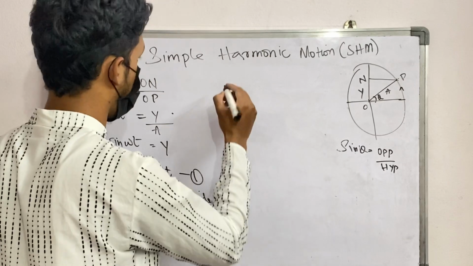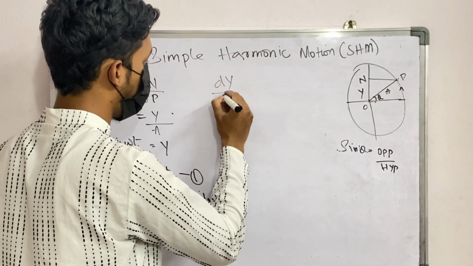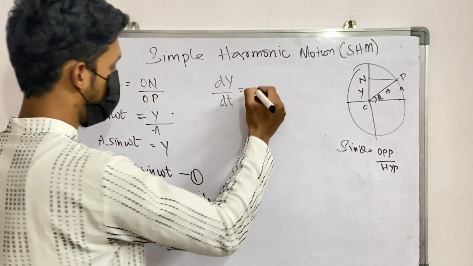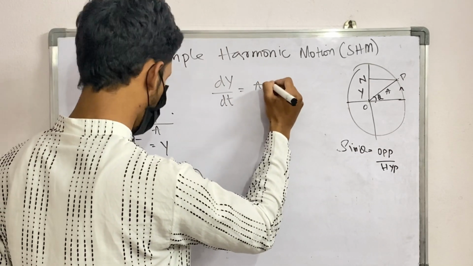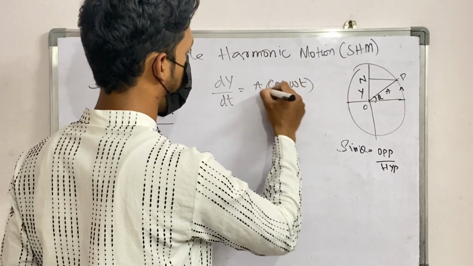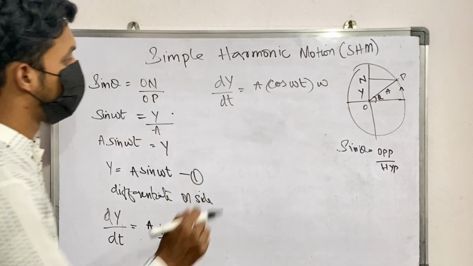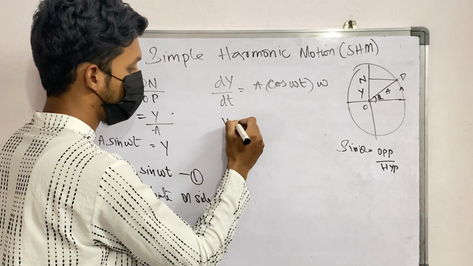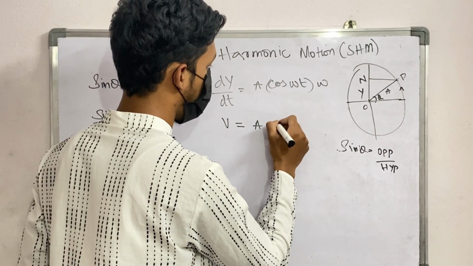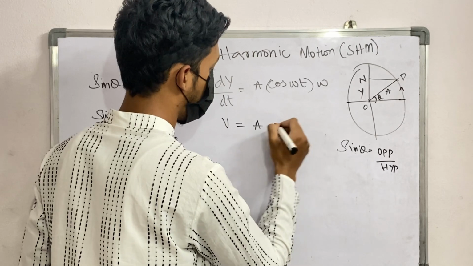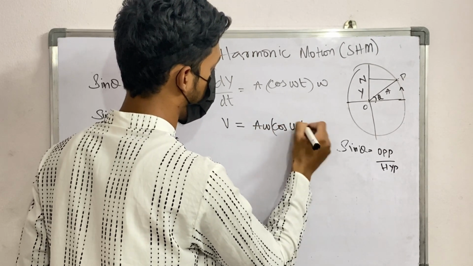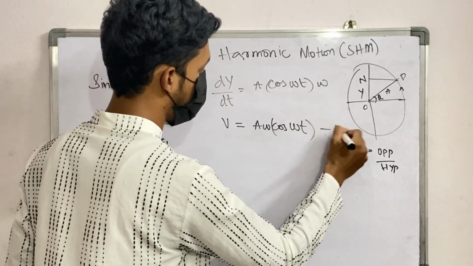Now dy by dt is equal to the derivative of sine omega t, which is cos omega t. So a cos omega t into omega. So dy by dt is written as v, equal to a omega cos omega t. So this is equation 2.